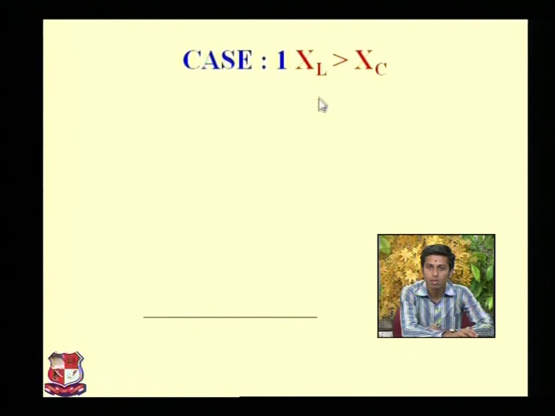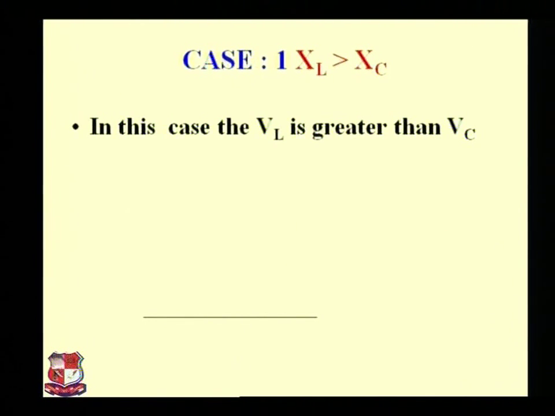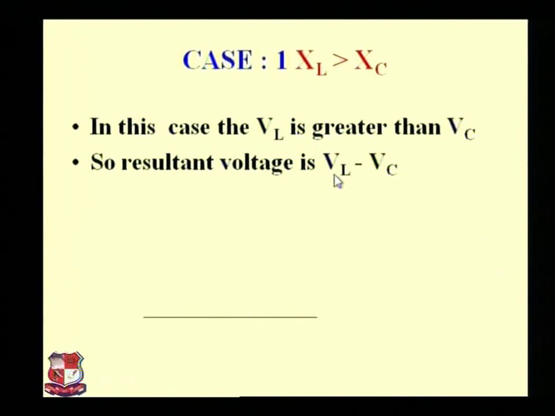So the inductive reactance is more than the capacitive reactance. In that case, VL is greater than VC. So the resultant voltage is given by VL minus VC.